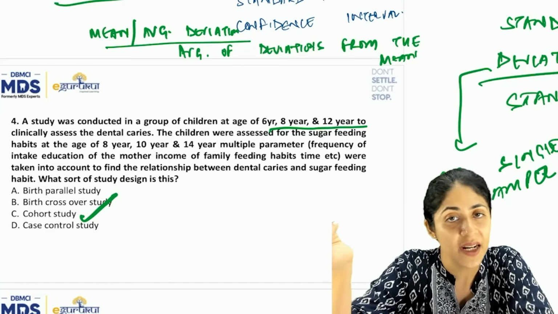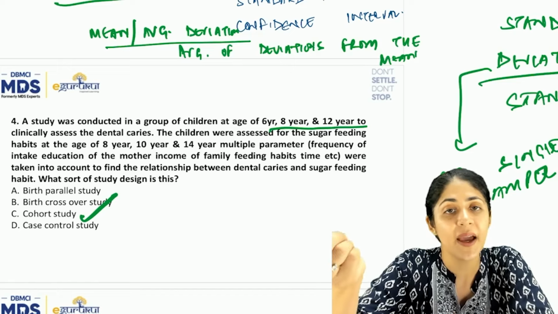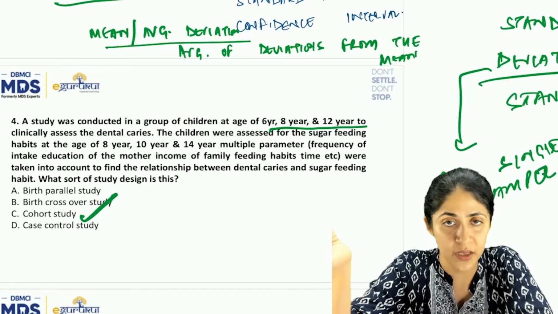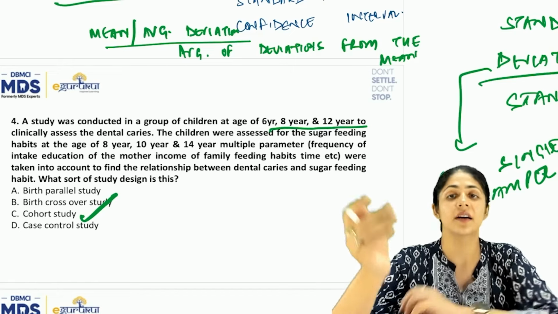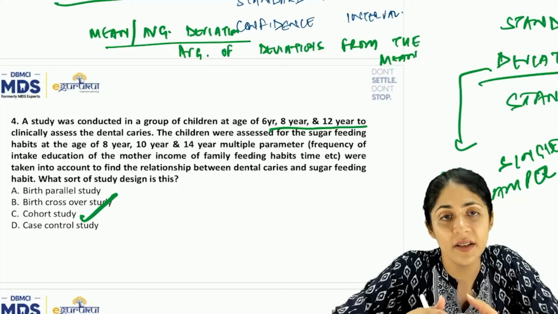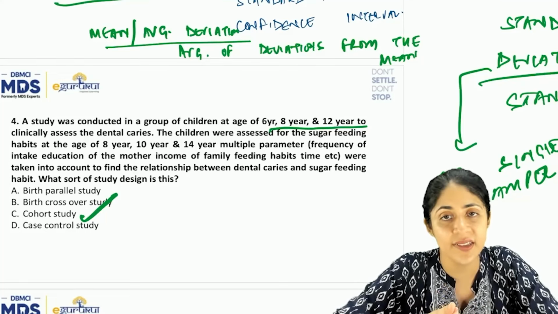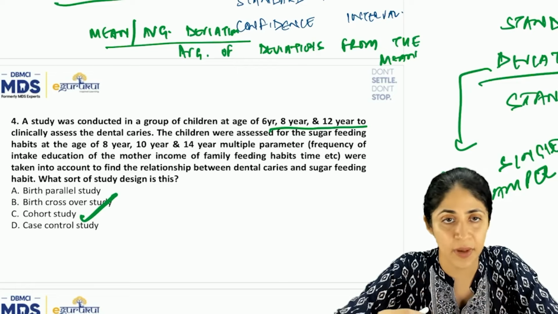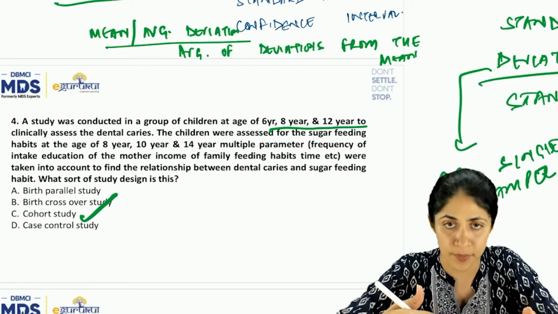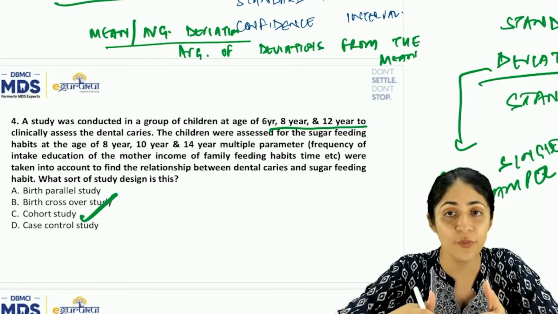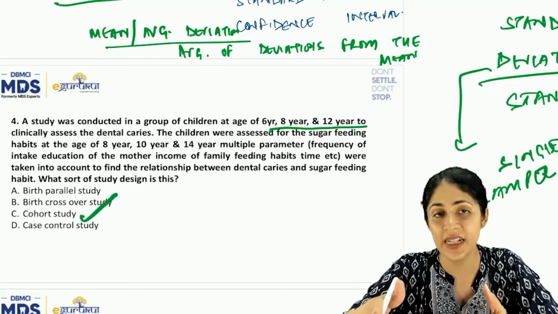What is a parallel study? A parallel study is a parallel group trial design, and it is the most commonly used study design. In this design, subjects are randomized to one or more study arms, and each arm is allocated a different intervention.